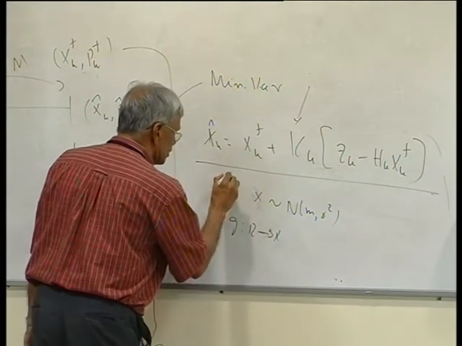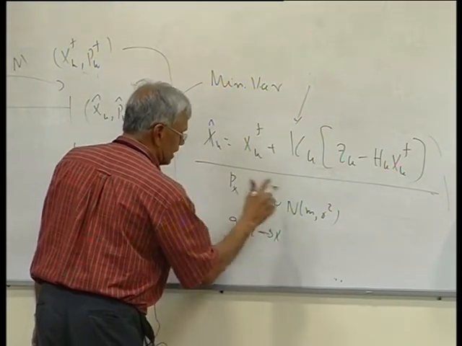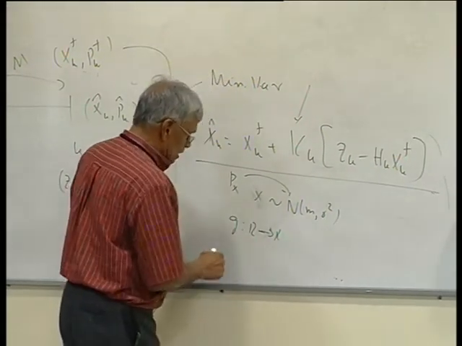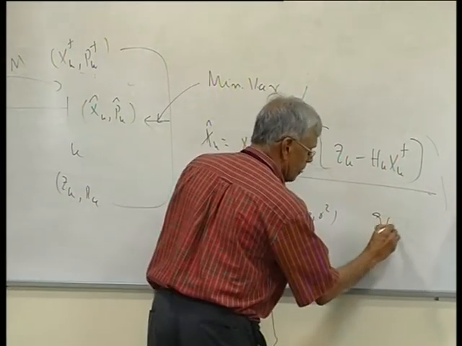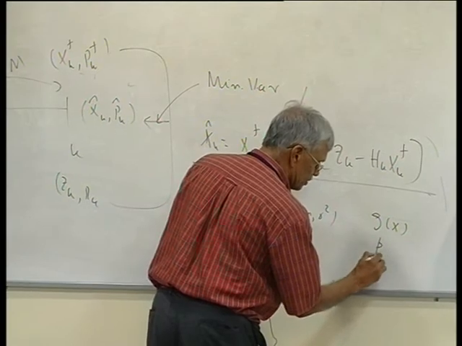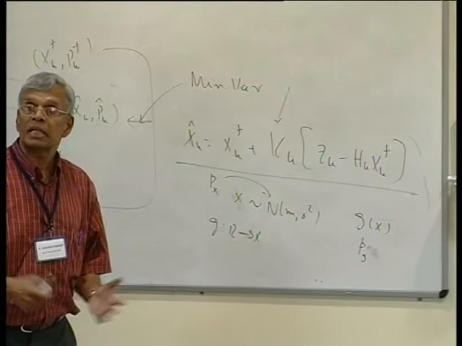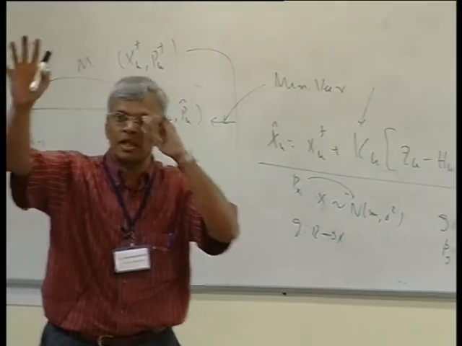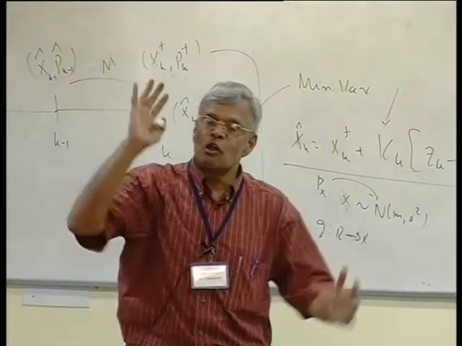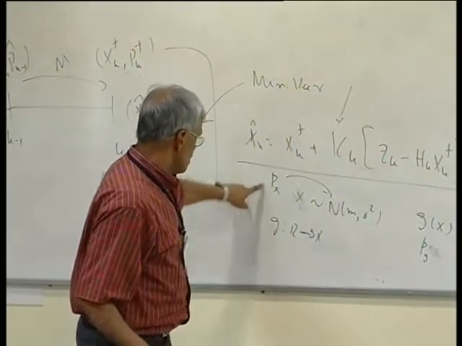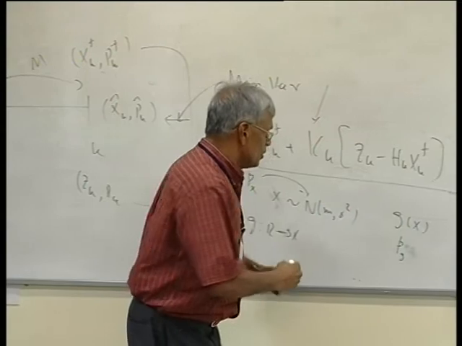So let the distribution p of x be normal. In basic statistics, if g is a function of x, I can compute its distribution. How many of you have done basic probability theory? Given x a random variable and g a function, g(x) is a new random variable.